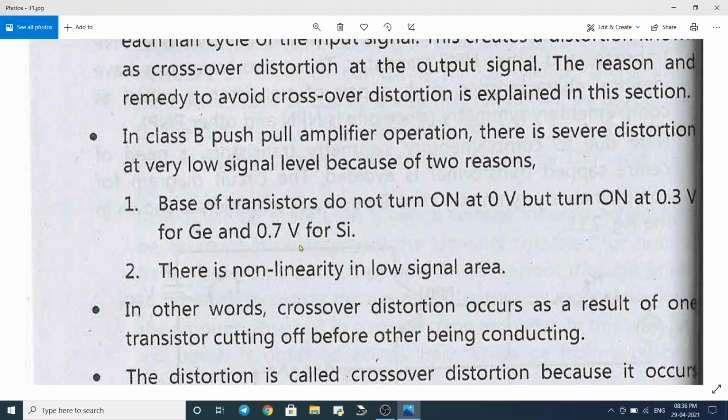So there is a base emitter junction in a transistor, and that takes 0.7 volt for silicon and 0.3 volt for germanium generally. And there is a non-linearity. Non-linearity means we know the diode characteristic. In forward bias, the characteristic of diode is not a straight line, but it is a curve, which is a non-linear curve.